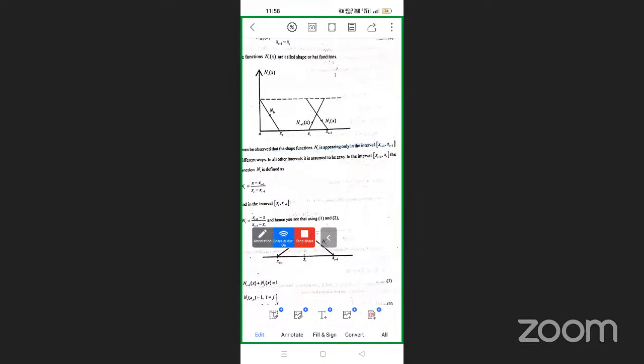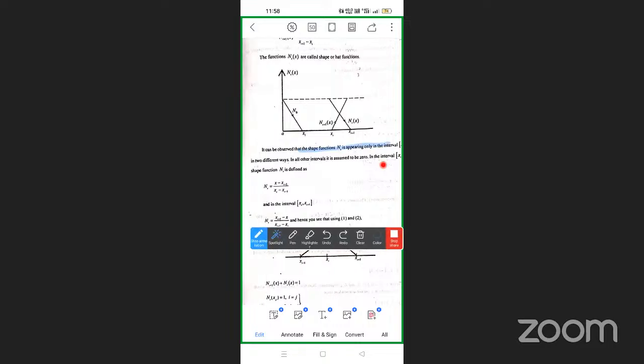Therefore, the shape function ni is defined as follows. In the interval xi minus 1 comma xi, ni is equal to x minus xi minus 1 by xi minus xi minus 1.